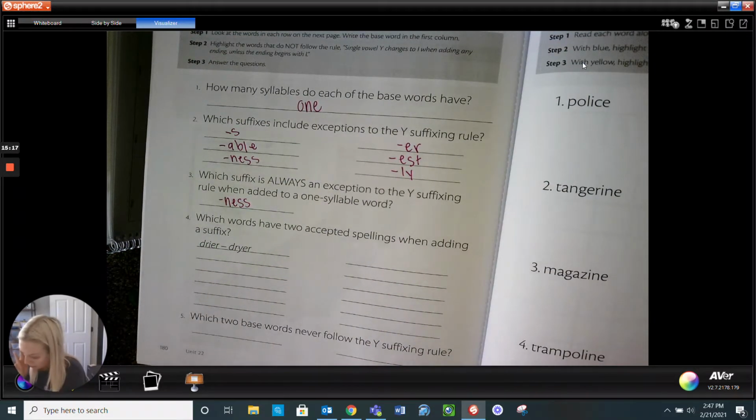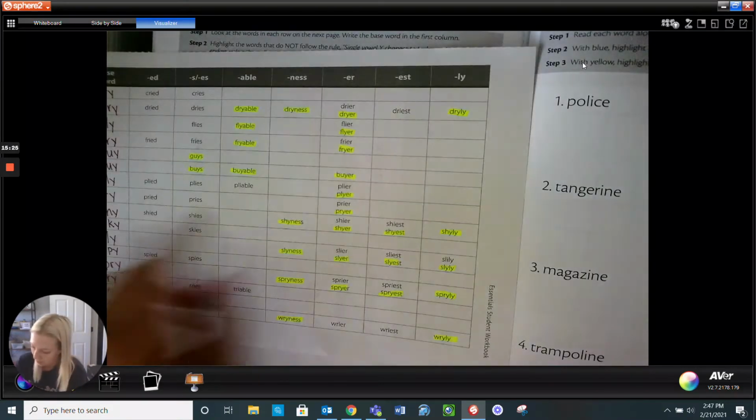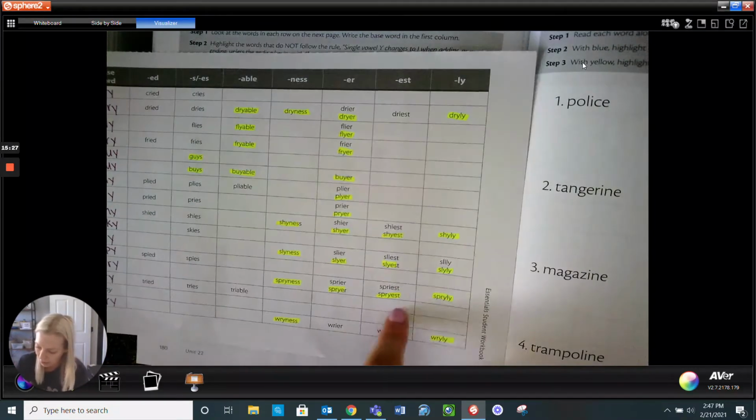Number 4, which words have 2 accepted spellings when adding a suffix? We have a bunch of them, a lot of ones here and over here. So we're going to write those down.